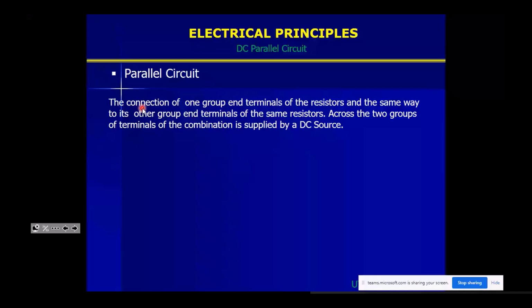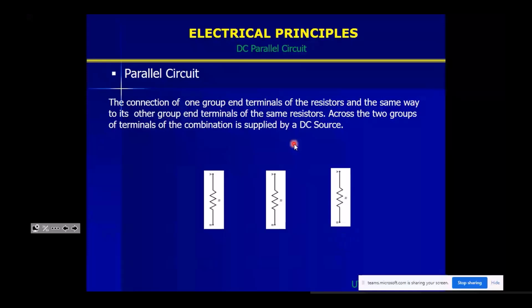I repeat, it's about connections. Across the two groups of terminals, the combination is supplied by a DC source. Now, to understand this statement, I will show the illustration. I have here one resistor. I place another resistor. I place this resistor. This is not yet parallel.